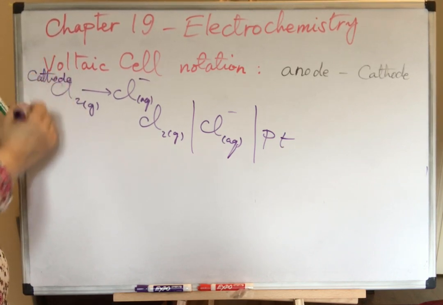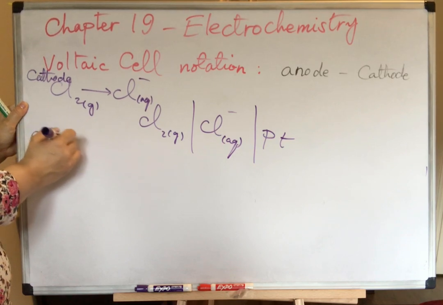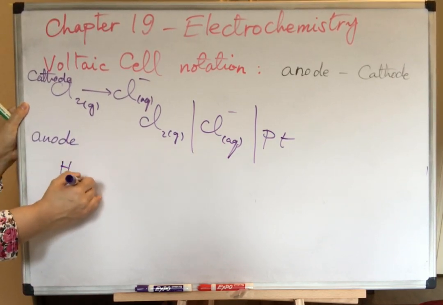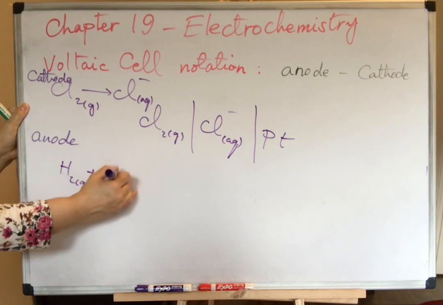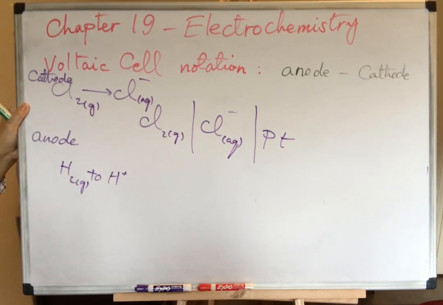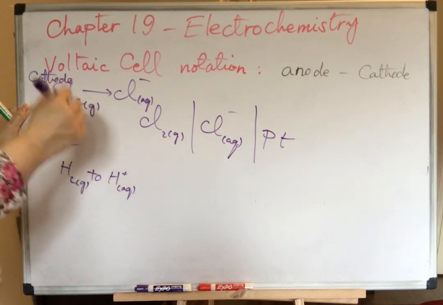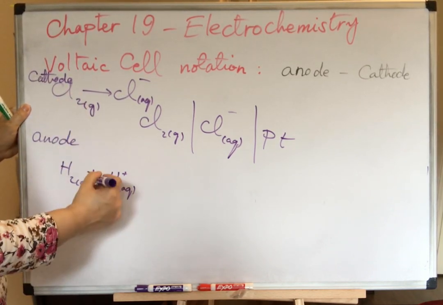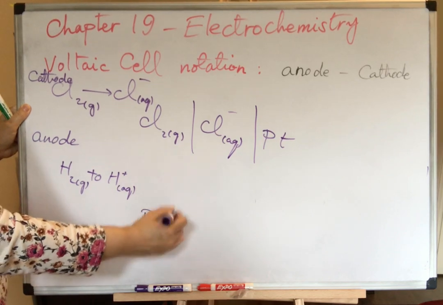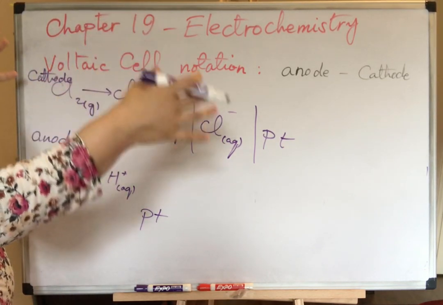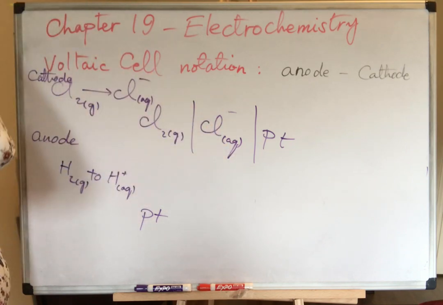Now, if you have an oxidation in an anode and you have hydrogen gas to hydrogen ion in aqueous solution, then again you are dealing with gas. So because this is an anode, platinum starts again. Platinum either way appears on the very ends of the cell notation.